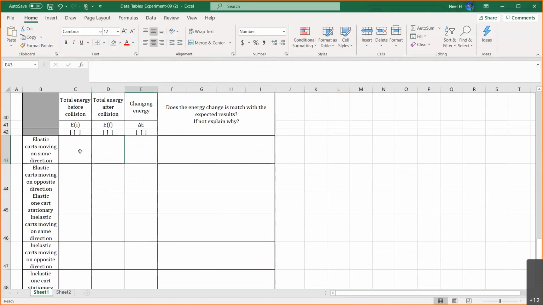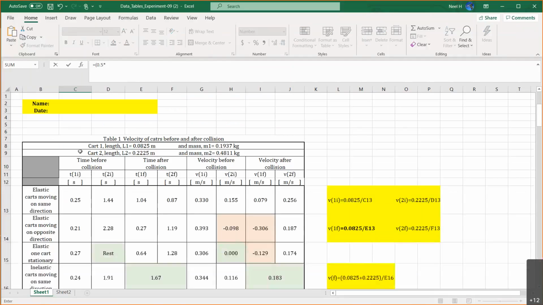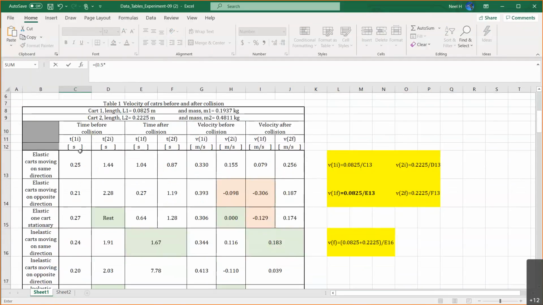So let's calculate again. Kinetic energy, half mv squared. Equal sign, parentheses, half is 0.5 multiplied by mass of the object 1.1937 multiplied by velocity before collision object 1, cell value G13 power 2, plus open brackets, half is 0.5 multiplied by mass of the object 2.4811 multiplied by velocity of the object 2 before collision, H13 power 2.